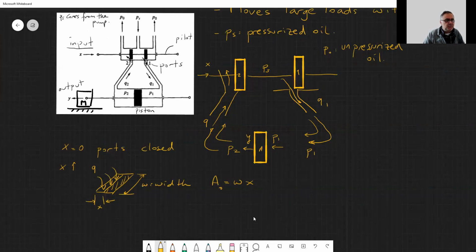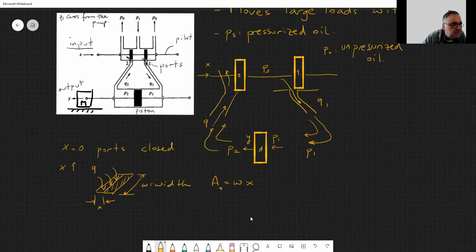On the other hand, if you move X in the negative direction, you don't open port 1, but you open port 2, okay? So the pressurized fluid goes from the second port and pushes the piston in the opposite direction.